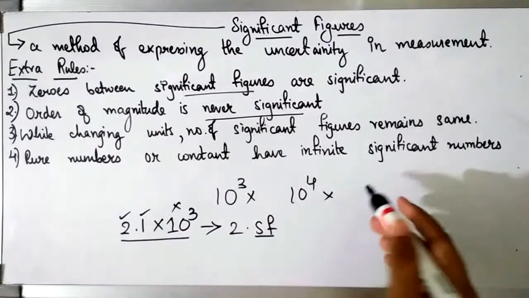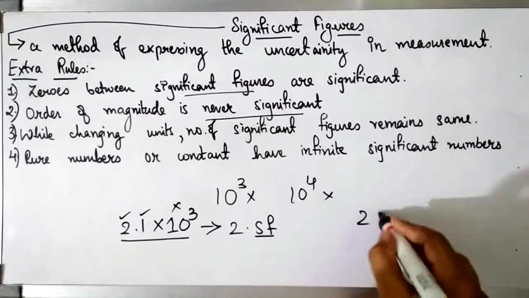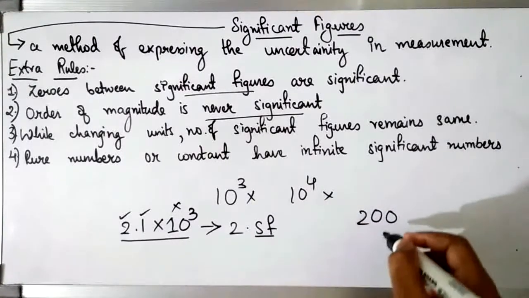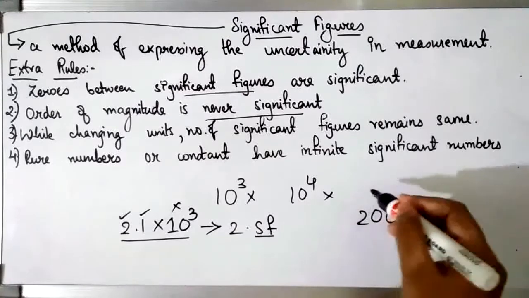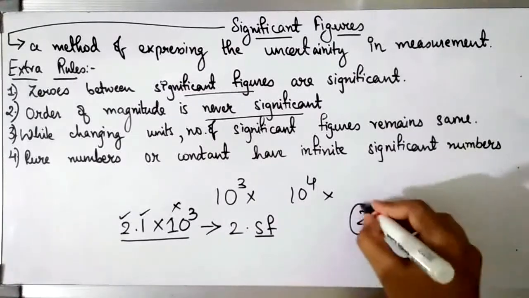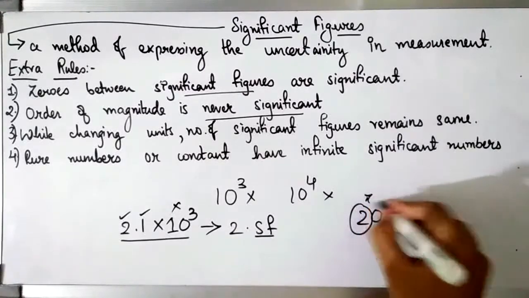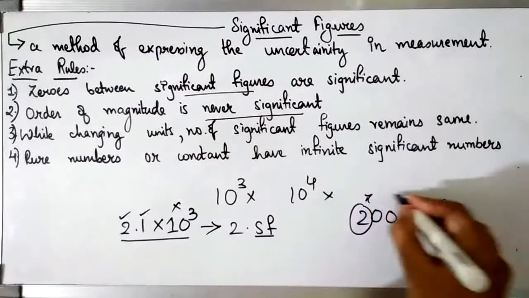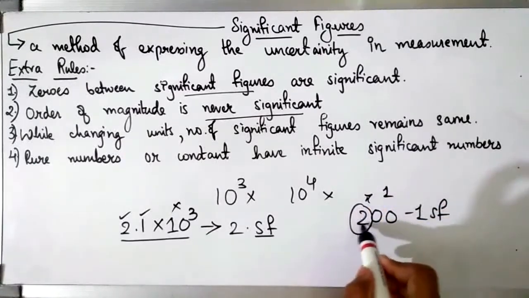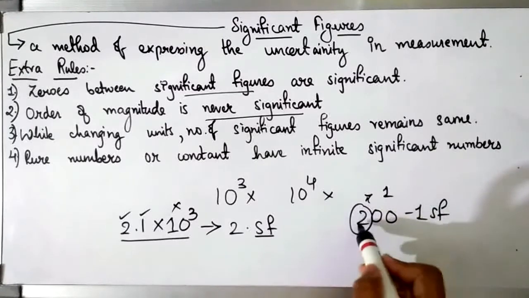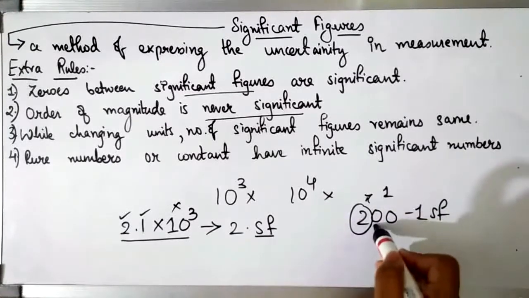Now let's see another example. Now we have 200 over here. If I ask you how many significant figures are present, you would say that only one significant figure is present, because you have only one non-zero, that is 2, so that is one significant. Then you see these 2 zeros.